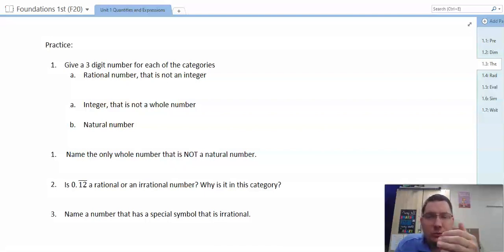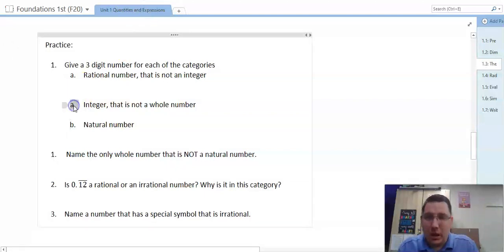For example, in part A, I want you to write a rational number that is not an integer. If you think about that flow chart that we just had, that Venn diagram, what numbers would be rational but not an integer? In the second one, I'm going to see if I can get these numberings to fix themselves.